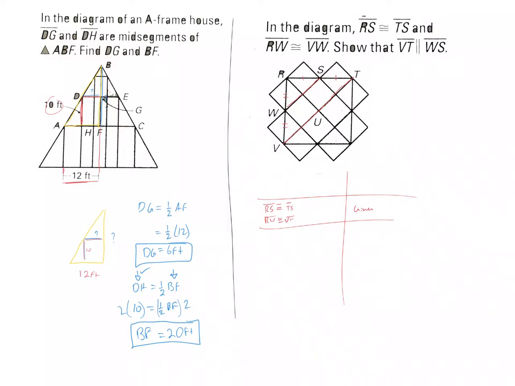That means S is a midpoint of RT, and W is a midpoint of RV. That's just the definition of midpoint.